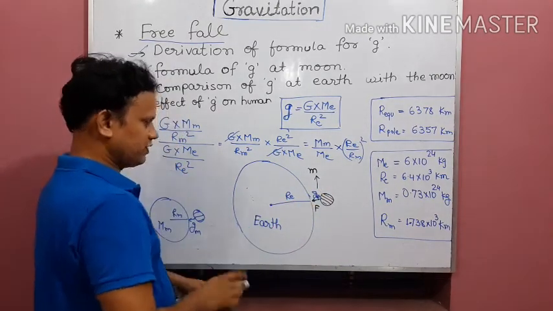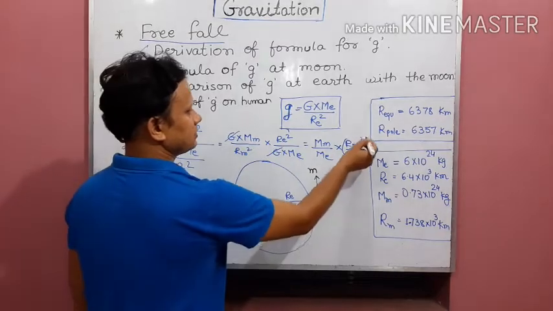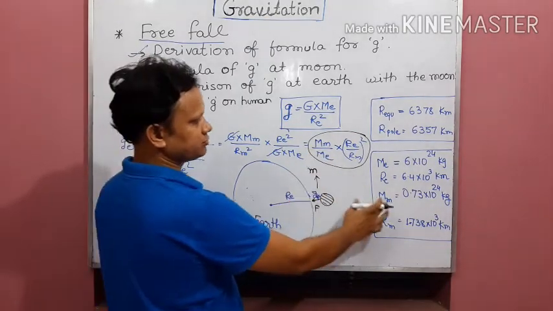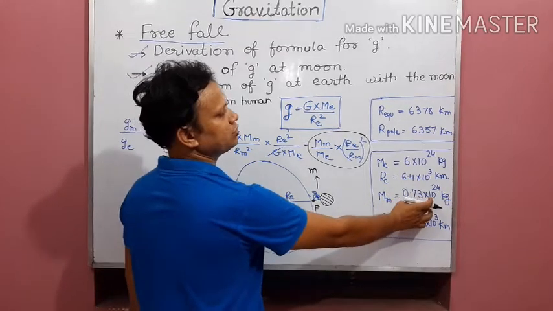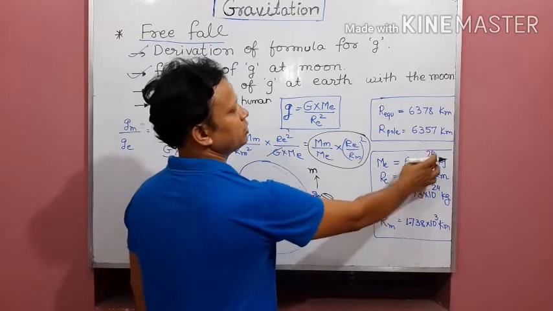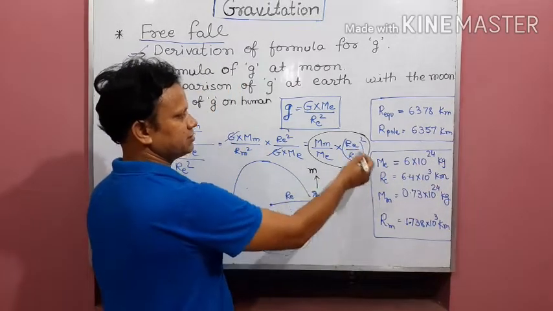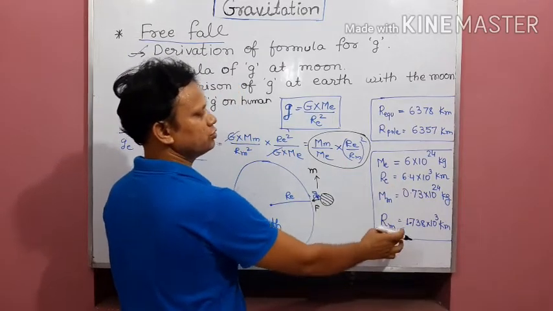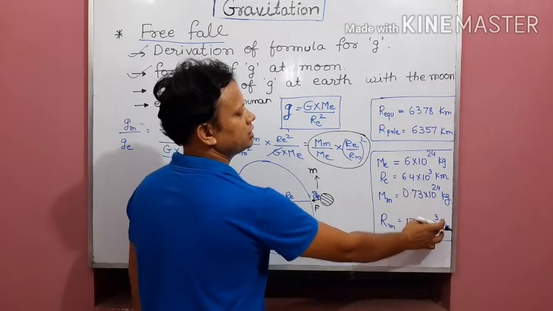Now when we get these values, suppose I have taken rough values: mass of the moon like 0.73 into 10 power 24 kilogram, and the mass of the earth 6 into 10 power 24 kilogram. Then radius of the earth 6.4 into 10 power 3 kilometer, and the radius of the moon almost 1.738 into 10 power 3.